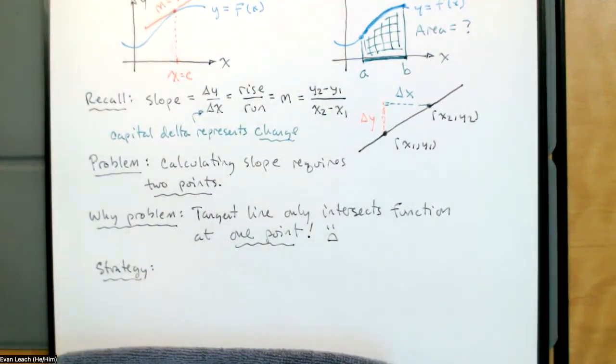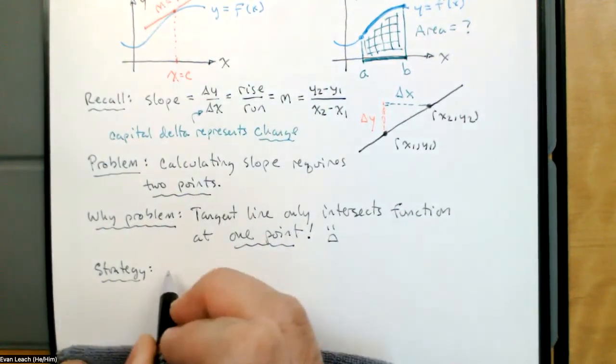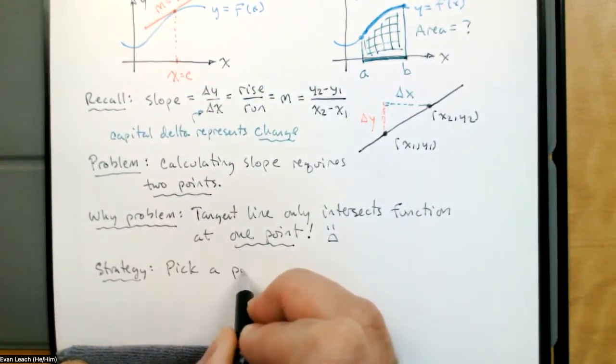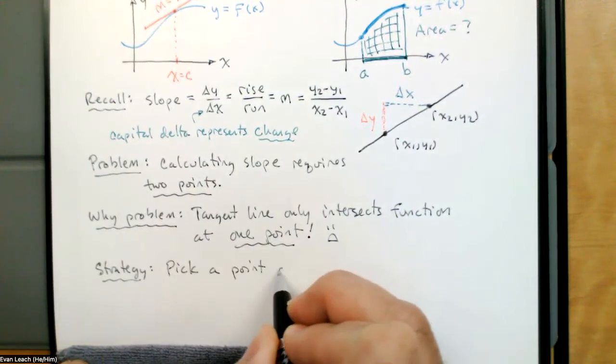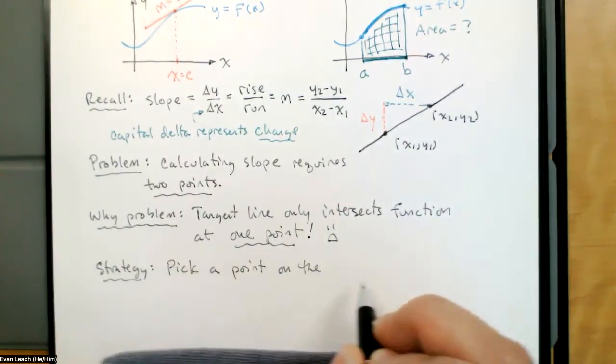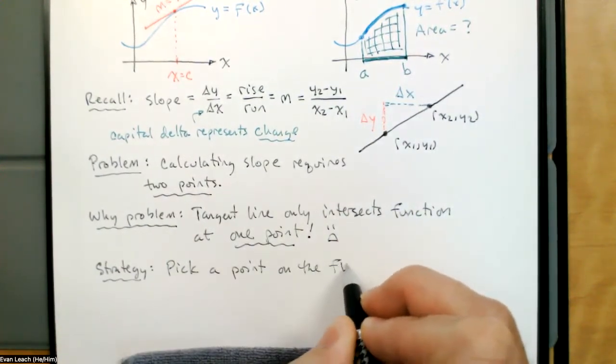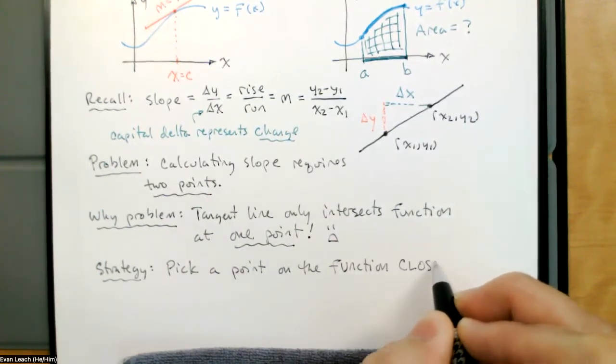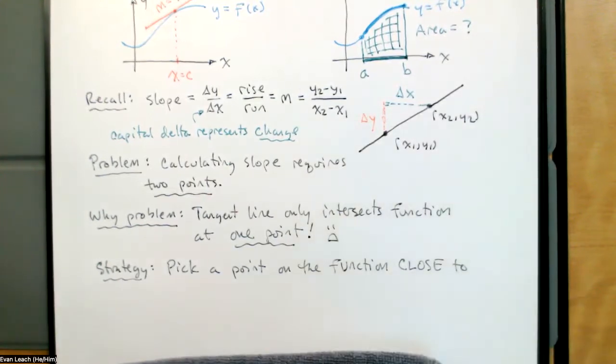We're going to pick a point close to the one that we're interested in. Pick a point on the function close to the point we care about.